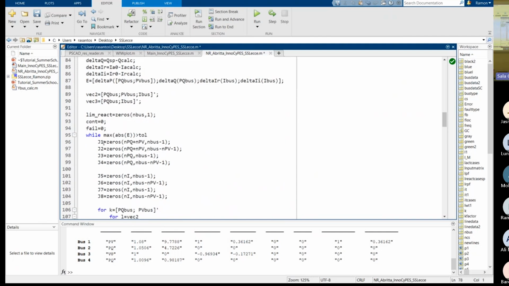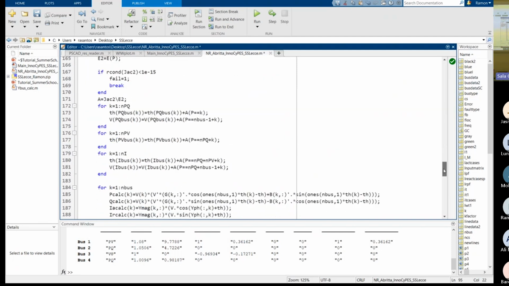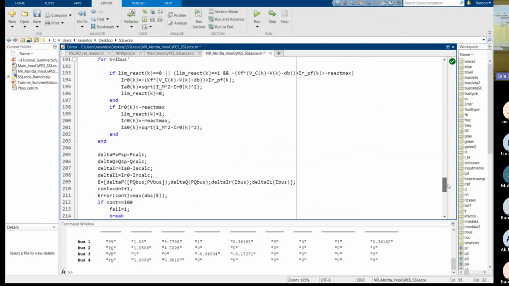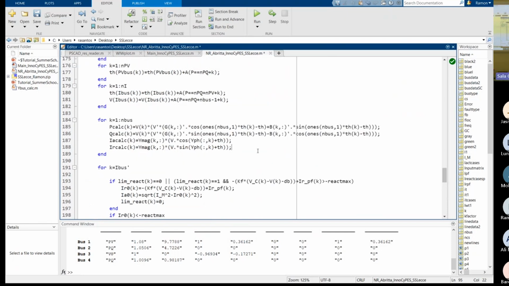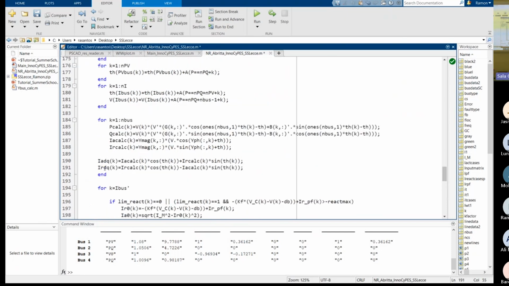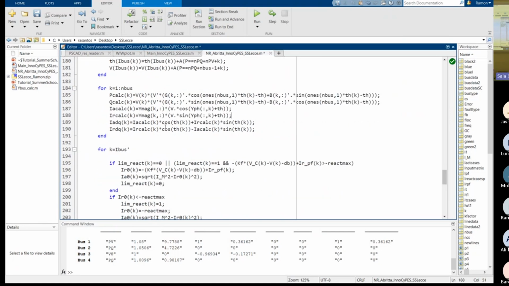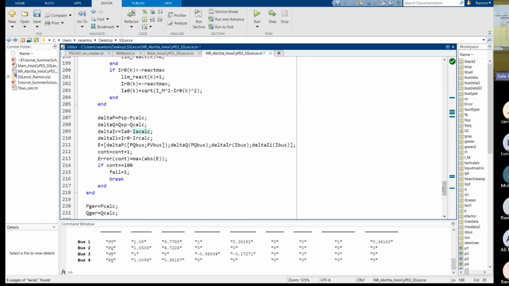The iterative process begins with this while right here in line 95. So down here somewhere, if I can find it, I have to put the calculation as well so that it will update in each iteration. I think everything should be correct.